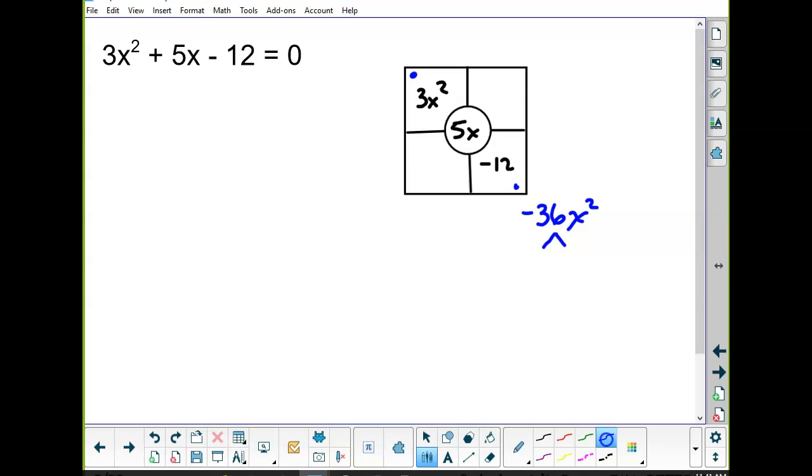And then I've got to look for factors of negative 36x squared that add up to give me that middle number of 5. Well, what times what gives me 36 that are 5 units apart? 4x and 9x. However, one of them has to be negative. And when they add together, I want the larger amount to be positive, so the negative belongs to the 4x.